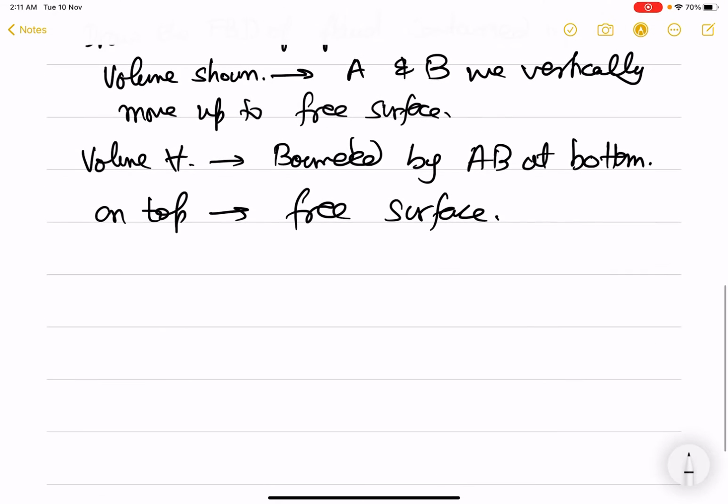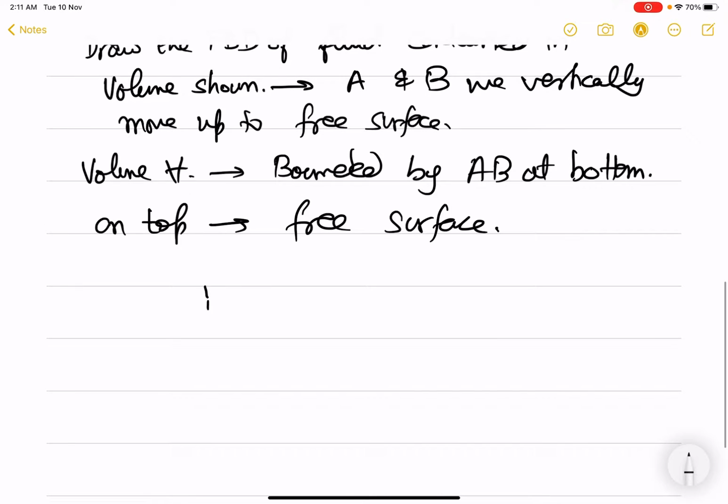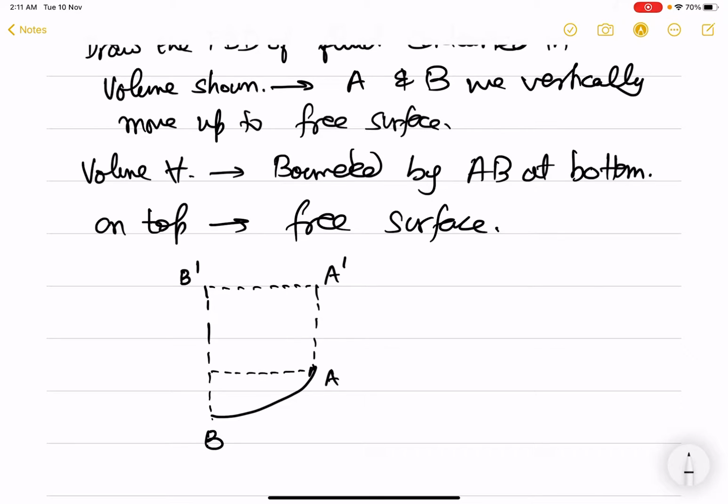So now what we will do is we will divide this volume into two parts. So we are now drawing the free body diagram of this volume of fluid. So this is AB at the bottom, and a horizontal surface, let's call it A prime B prime, at the top. So we choose it like this. Let's call this 1 and 2.